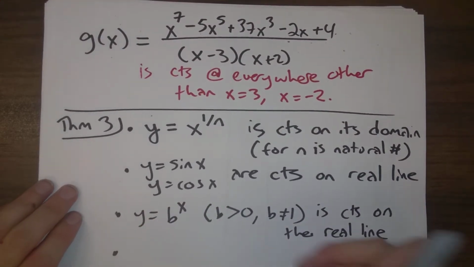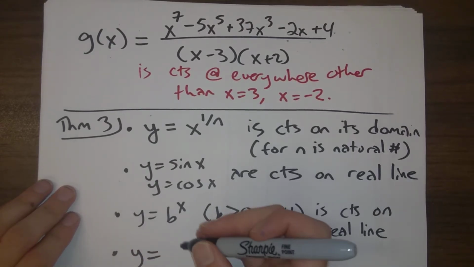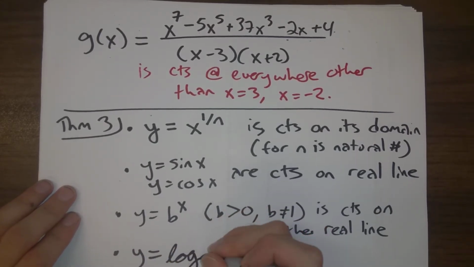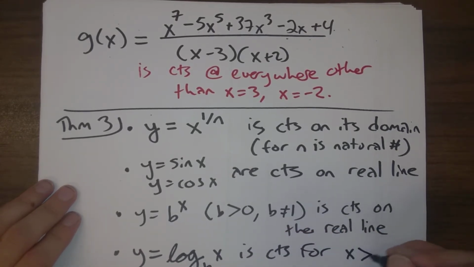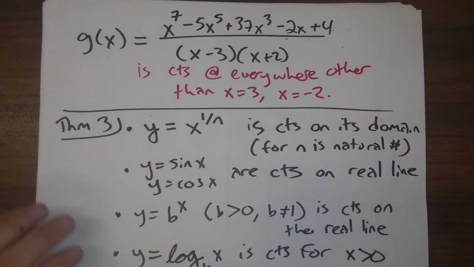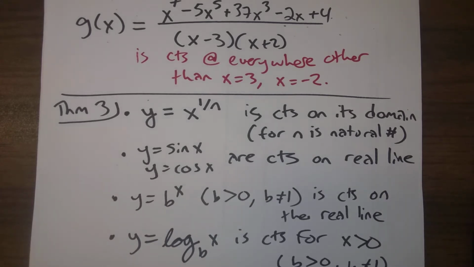And when we talk about exponential functions, guess what's coming up? We're going to have a log. So log base b of x is continuous for x positive. And we also want to restrict b to be positive and not equal to 1. So here are some more functions that we just know are going to be continuous.